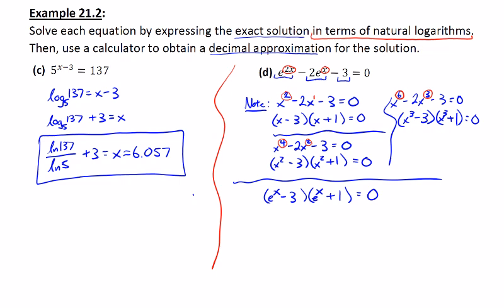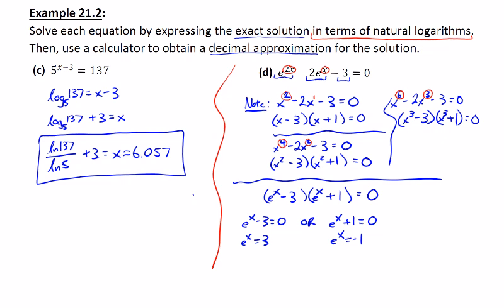Now the benefit to using the factoring approach is that then you can take each factor when it's equal to 0 and set each factor equal to 0 individually. So thus e to the x is equal to 3, or e to the x is equal to -1.